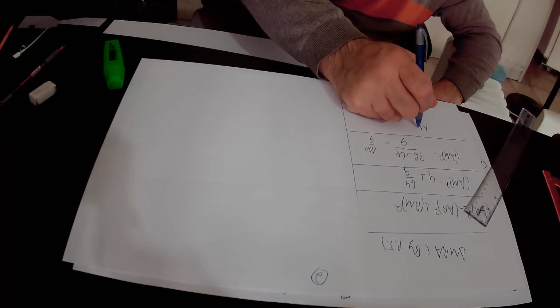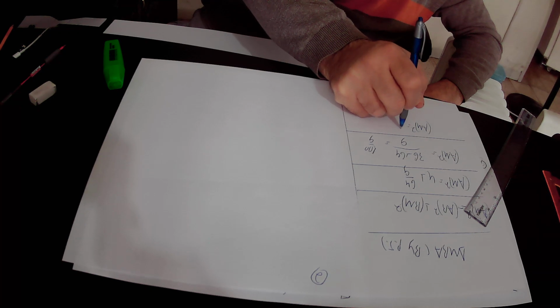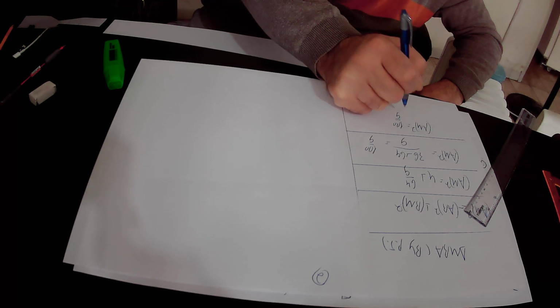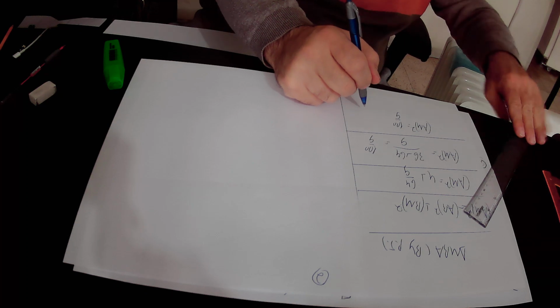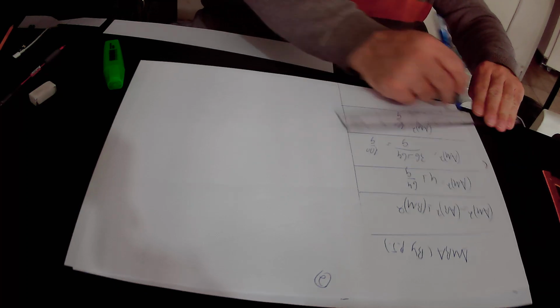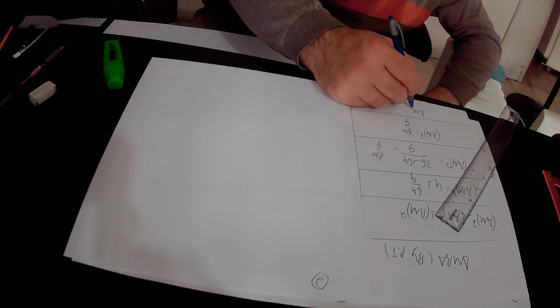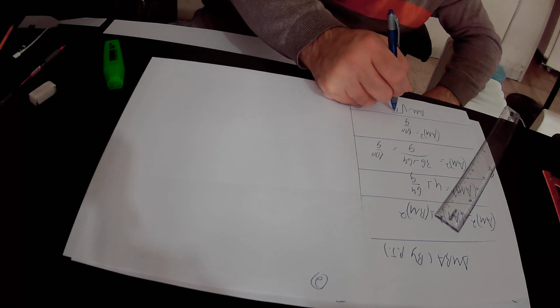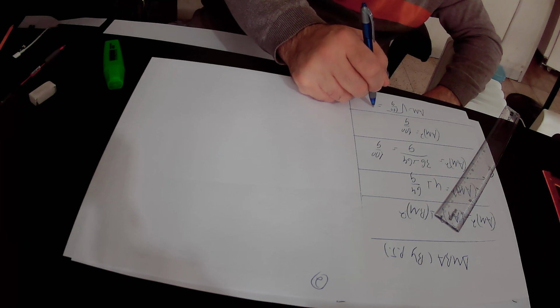So AM squared equals 100 over 9. Here we take a root of this equation, and finally we get that AM equals the square root of 100 over 9. The square root of 100 is 10, and the square root of 9 is 3.